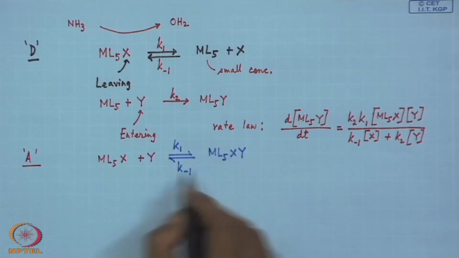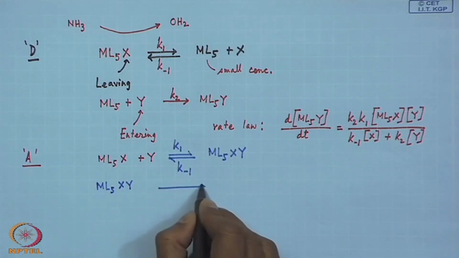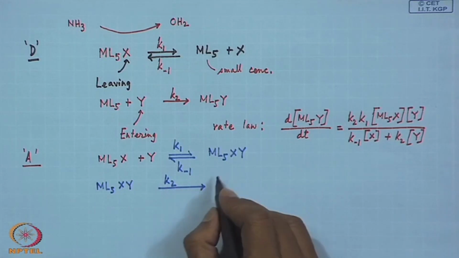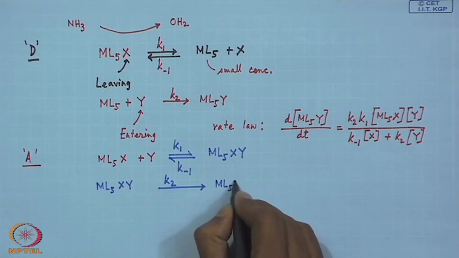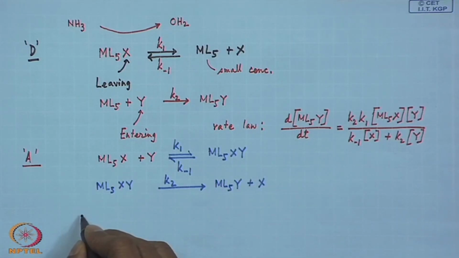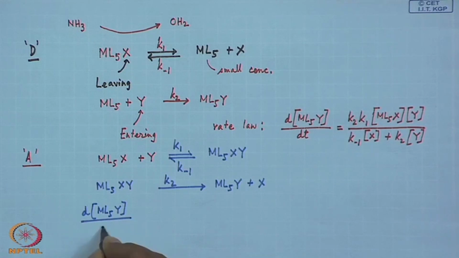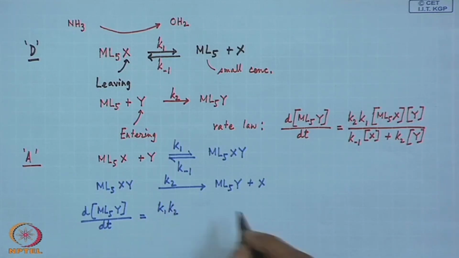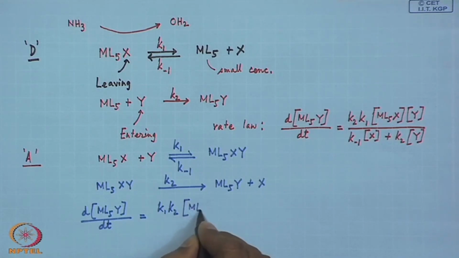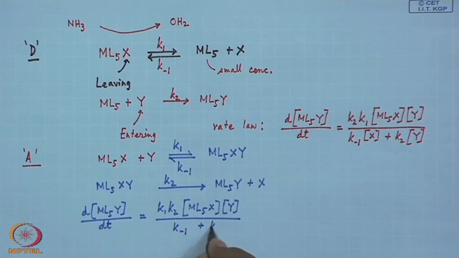Then in the second step, this particular associated form, that means ML5XY, is going for the elimination of the X, giving rise to ML5Y plus X. And the rate law for the reaction, that means d of ML5Y dt, would be equal to K1 K2 again ML5XY over K minus 1 plus K2.